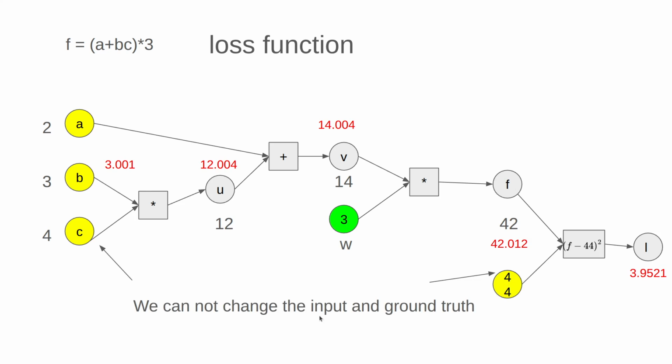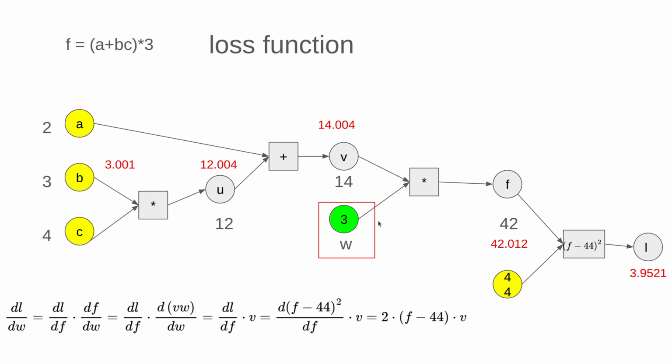So we cannot change the input and Guangzhou's as well. In this computational graph, the only thing we can change is actually the W here. So we will call this W the parameters of our computational graph.